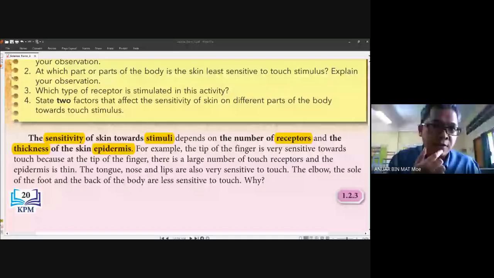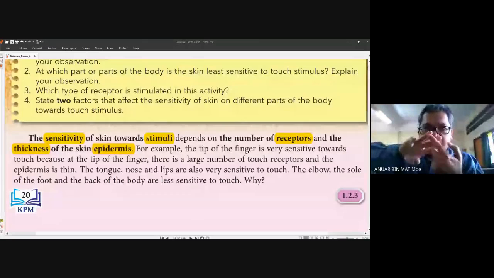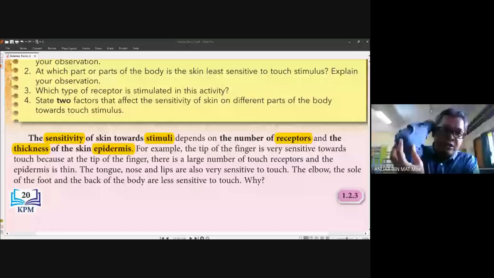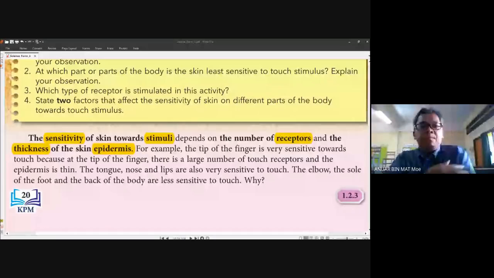The back of the ear is also very sensitive, and the tip of our finger is also very sensitive. Less sensitive is maybe the elbow, and our knee is less sensitive. Here is very less sensitive. That's why if you go for injection, inject here. Kalau ada suntikan itu, inject sini.